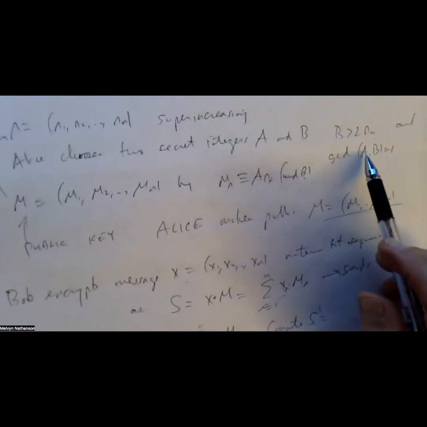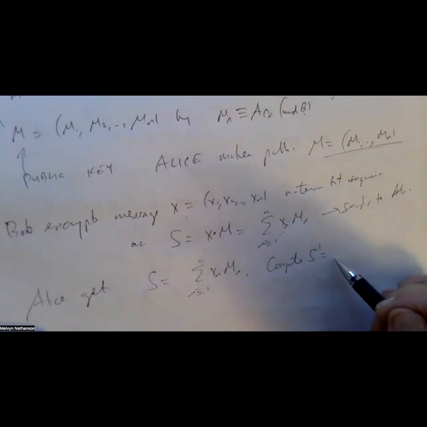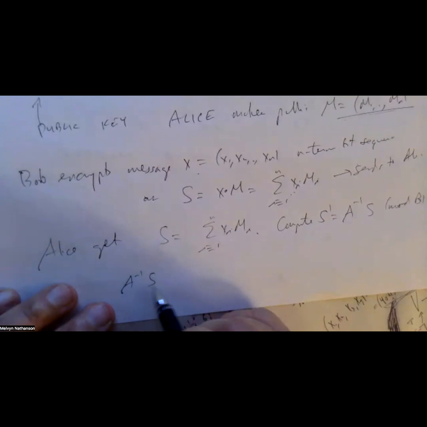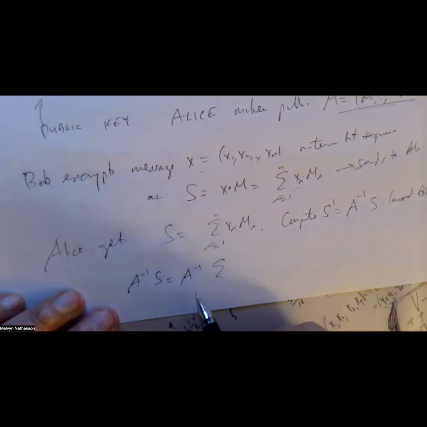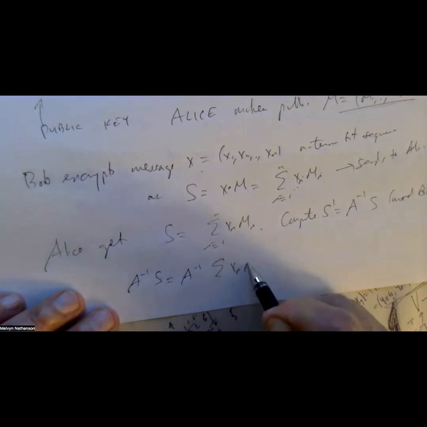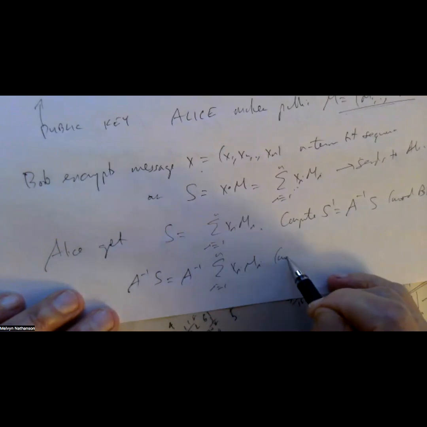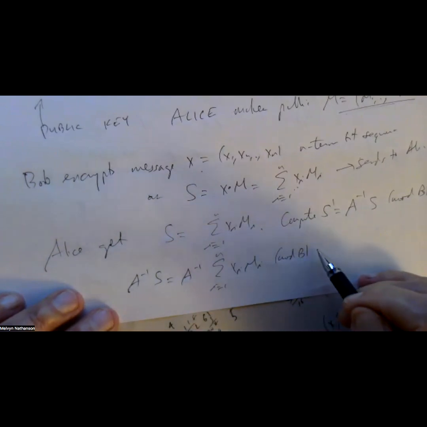See, A is prime to B, so A has an inverse mod B. So Alice computes A inverse S mod B. What is A inverse S? A inverse S is A inverse summation X sub i M sub i, i goes from 1 up to n, mod B.